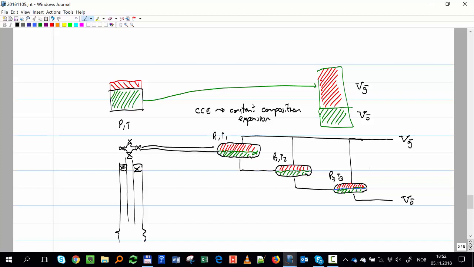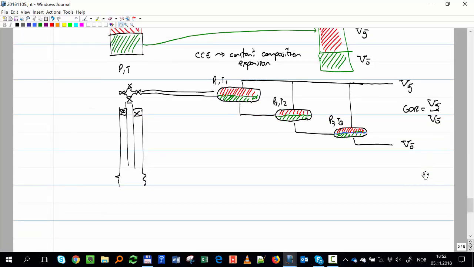That's the GOR. The GOR is the VG divided by VO. It's going to be different depending on what process I have. If I have a CCE, the RS will always be the same. But if I have a complicated process in between, the RS will change depending on what kind of process we have in the center.